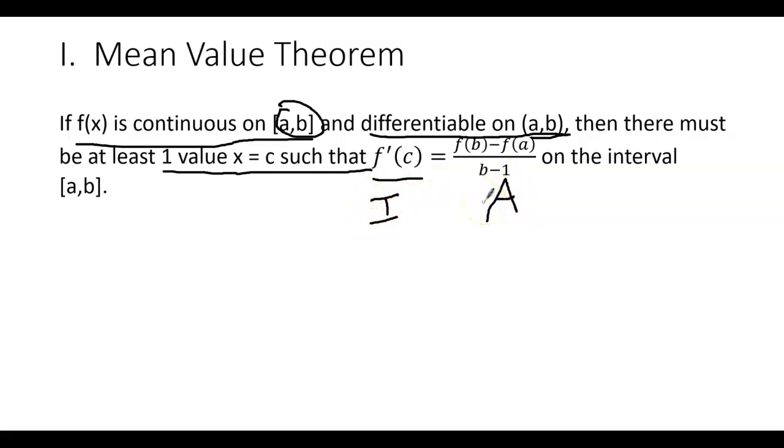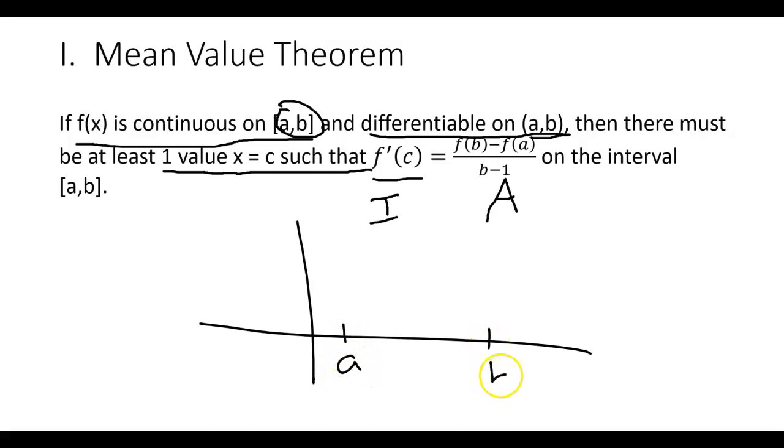And we talked about this last week as well, but I'll redraw the picture. So if we're going from A to B, the average rate of change, oh, this is supposed to say A. I'll fix that on your guys' notes. But the average rate of change is the slope of the secant line, f of b minus f of a over b minus a.